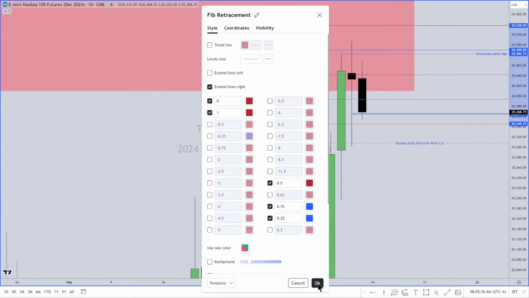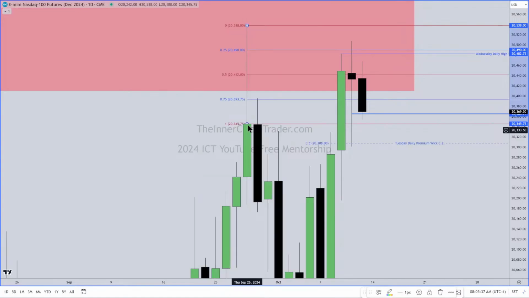Base figures for anchoring your fib. So that's the closing price on the 26th of September to the high of that candle. The upper quadrant is 20,490 even. Consequent encroachment is 442 even. Lower quadrant's 20,393.75. And then you have the low of this wick, which is this candlestick's close.